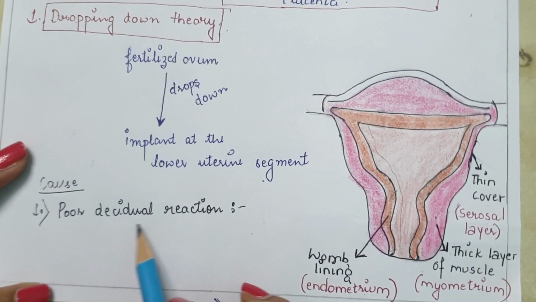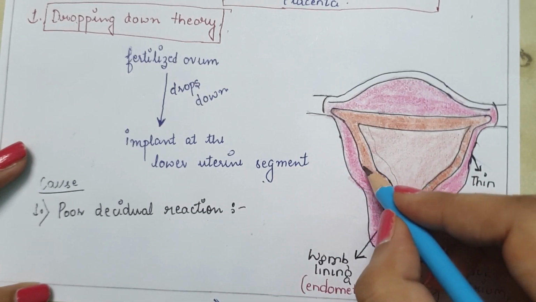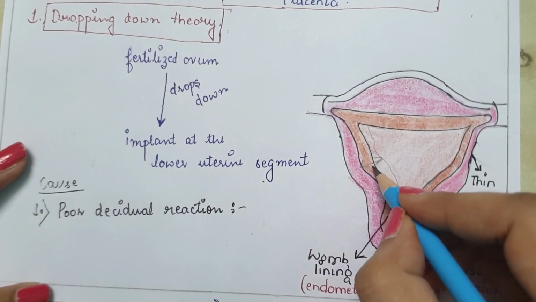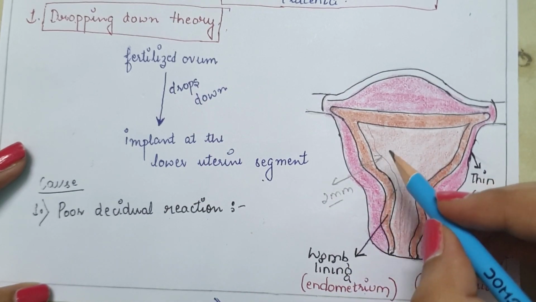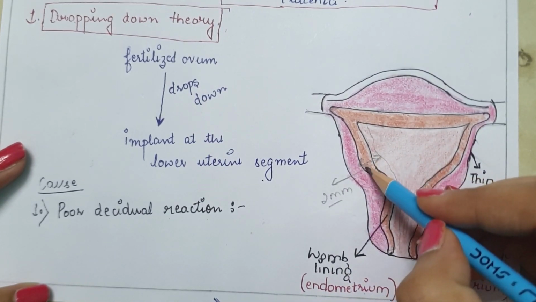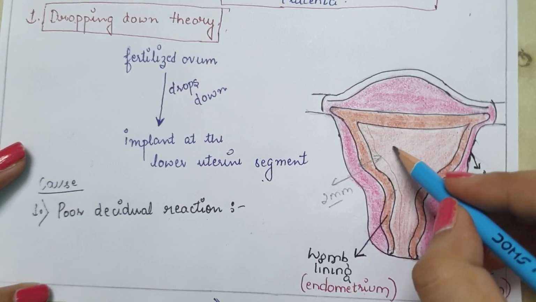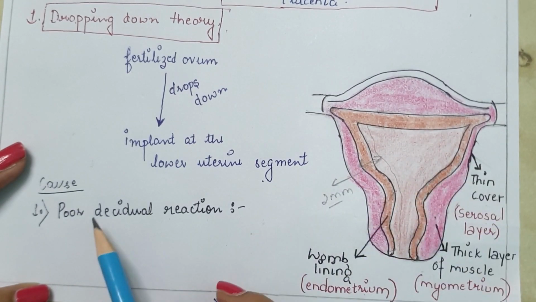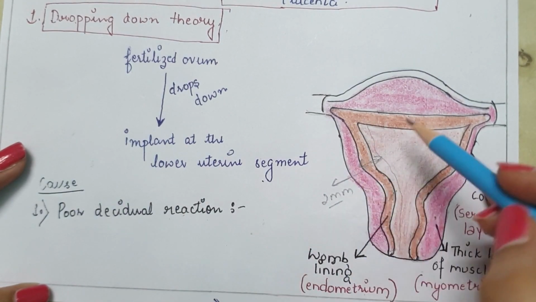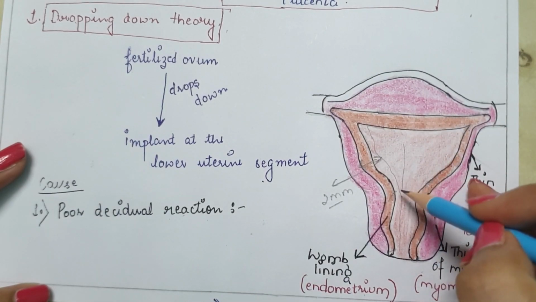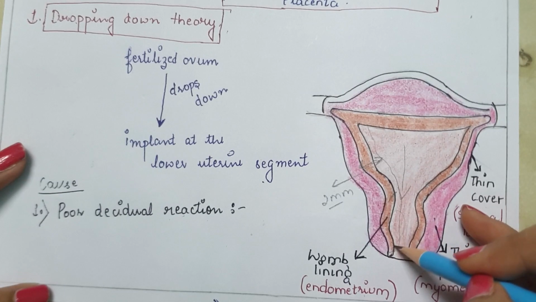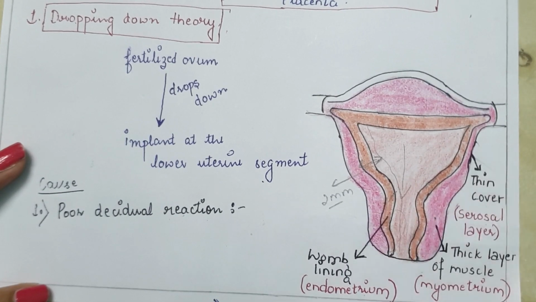But in the case of poor decidual reaction, if the thickness of decidua is less than 2 mm, or when the decidua is not formed properly at the upper uterine segment, that is known as poor decidual reaction. Due to the poor decidual reaction, the ovum drops down and is implanted at the lower uterine segment.